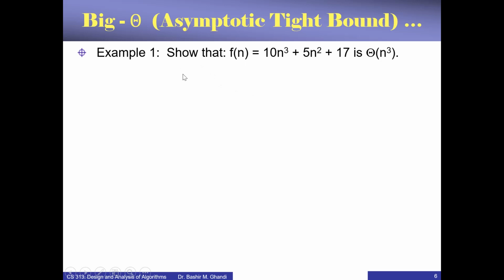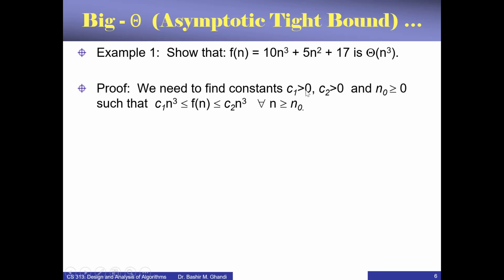Now, to show this, we obviously need to satisfy the definition, meaning we have to find those three constants: C1 strictly positive, C2 strictly positive, and n naught non-negative, such that Fn will lie between C1n cubed and C2n cubed for all n greater than n naught. If we can find these three constants, then by definition we are able to show that Fn belongs to this class, or Fn is theta of n cubed.